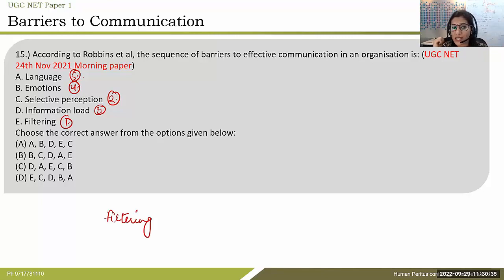This becomes the second barrier. Next is information overload. When information is given in huge amounts, that obviously becomes a barrier, because it would be difficult to retain that huge amount of information. Emotions come next, and then finally language becomes the last barrier to effective communication.